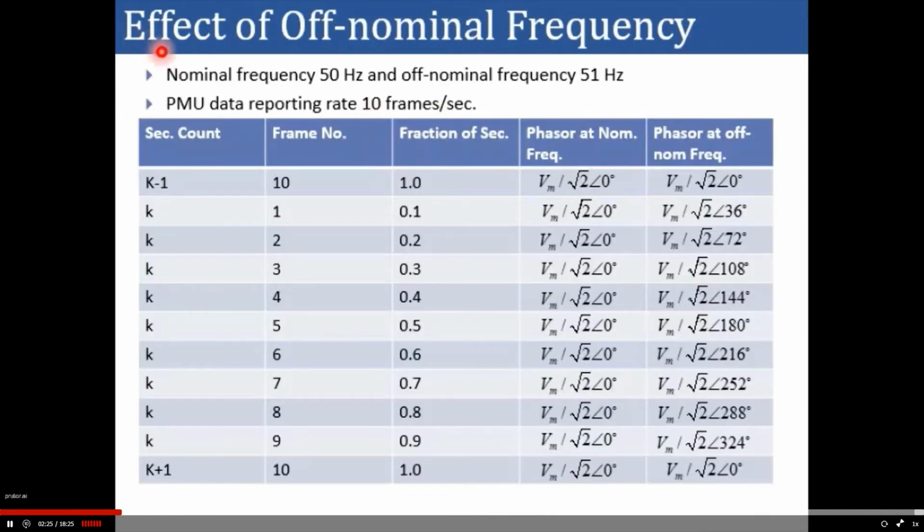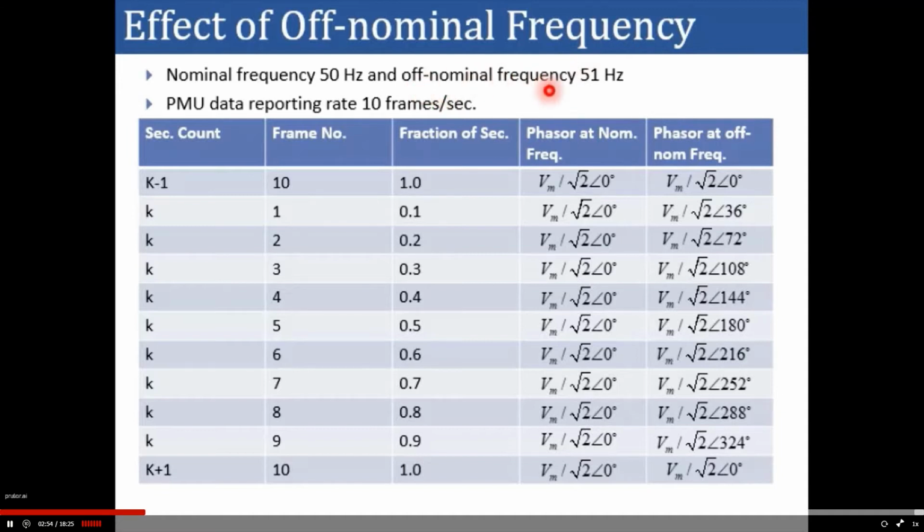Now let's talk about the effect of off-nominal frequency. Nominal frequency is generally 50 Hertz for India and 60 Hertz for the US. Suppose the frequency changes from 50 Hertz to 51 Hertz, so this 51 Hertz becomes off-nominal frequency.